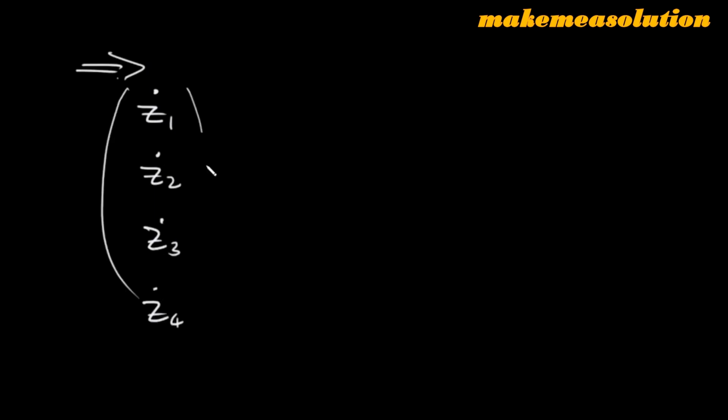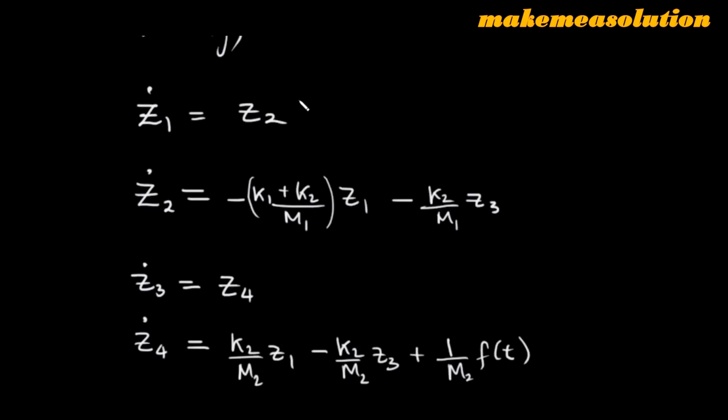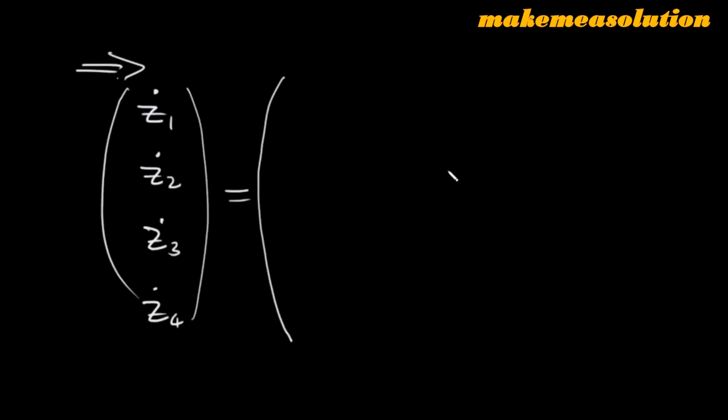So it implies our z1 dot, z2 dot, z3 dot, and z4 dot, which represents the state space representation of our system, is going to be, so in the equation z1, the only term that you have is z2. So I'm going to have my terms like this.